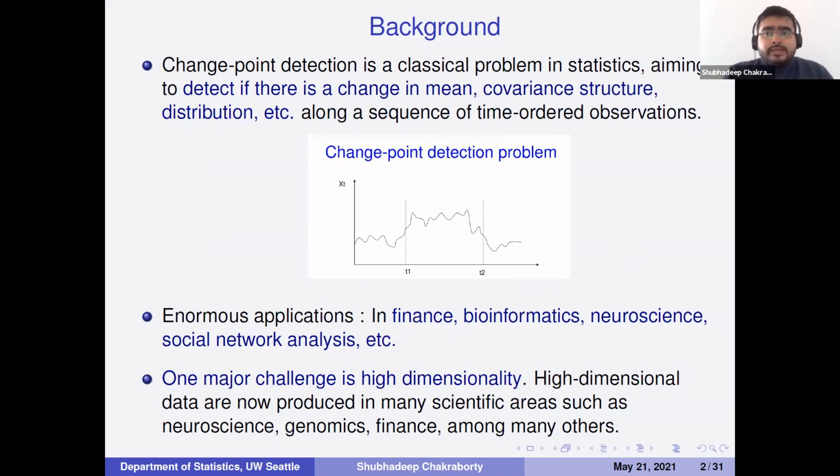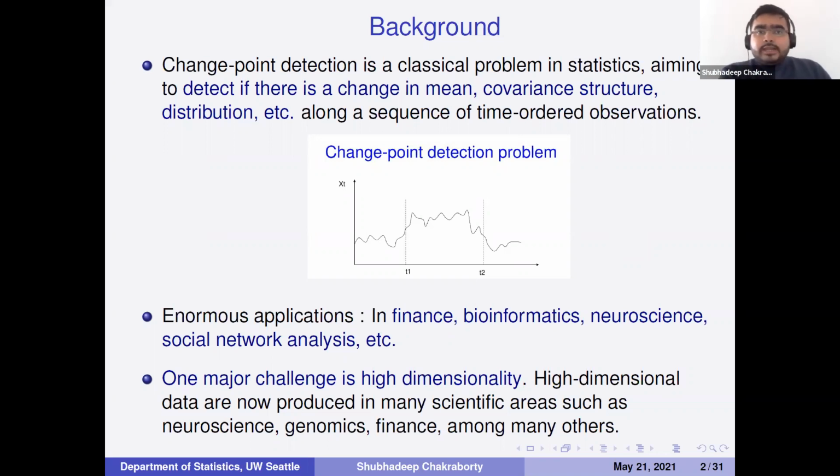We commonly encounter them in a lot of applications, like in finance, in bioinformatics, in neuroscience, social network analysis, and so on. Towards the end of this talk, I will talk about an application of a change point detection problem in case of stock prices data.